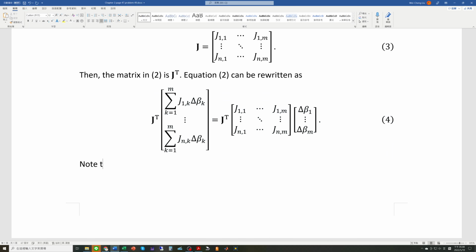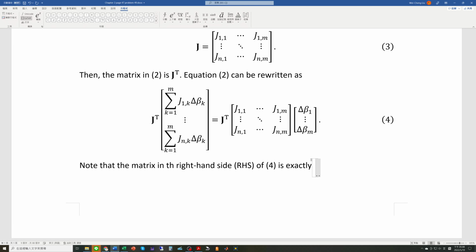Note that the matrix in the right hand side, abbreviated RHS of 4, is exactly J, capital J and bold J, not italic.